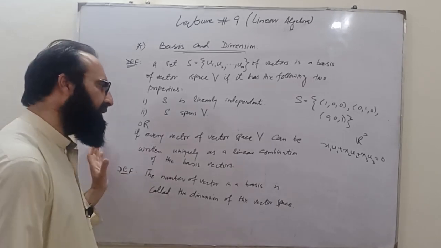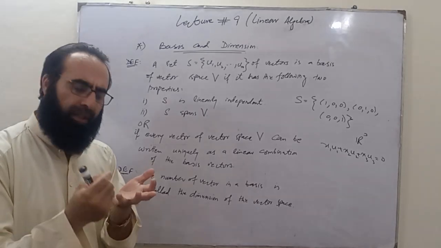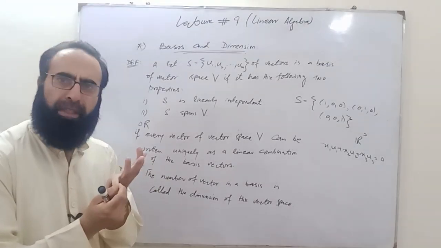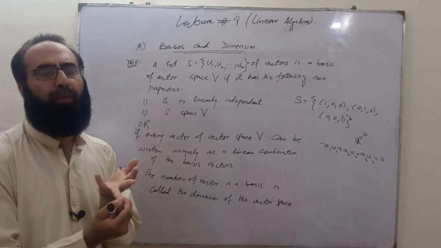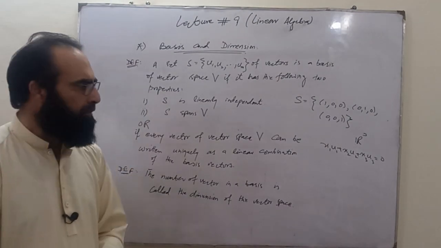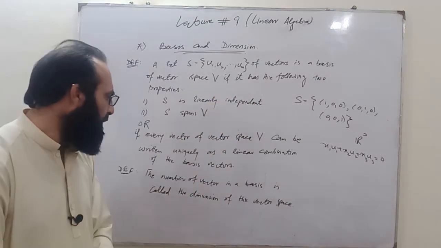So for the basis, you have to verify two properties. Number one, the collection must be independent. Number two, the collection must span the vector space. And we will solve some problems on this topic also.